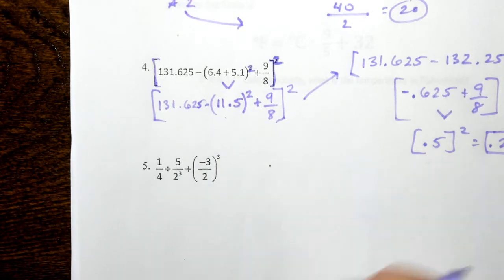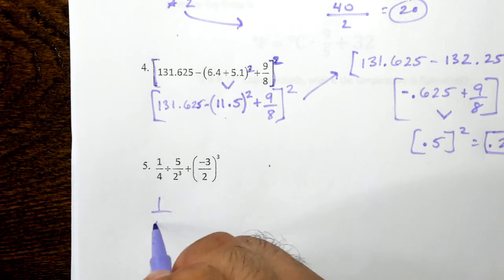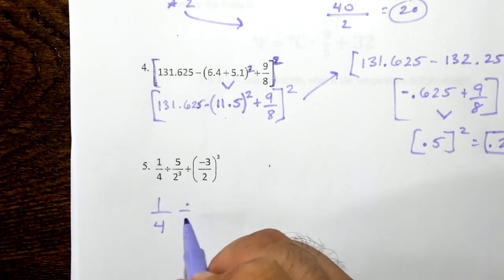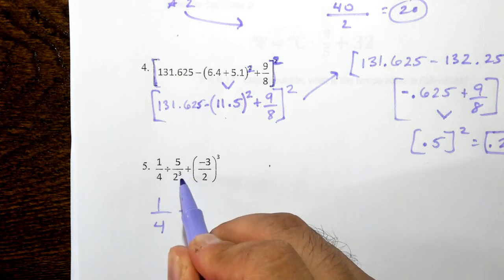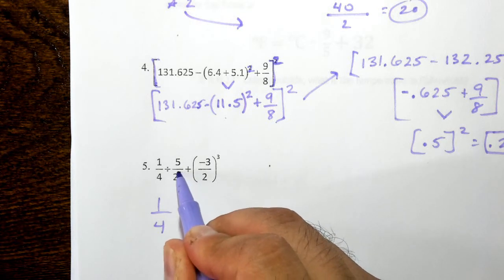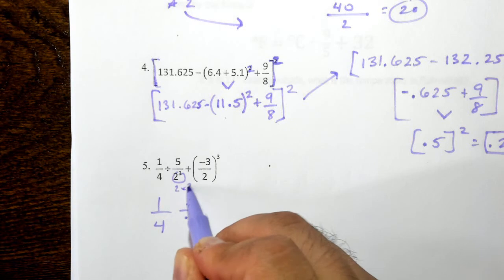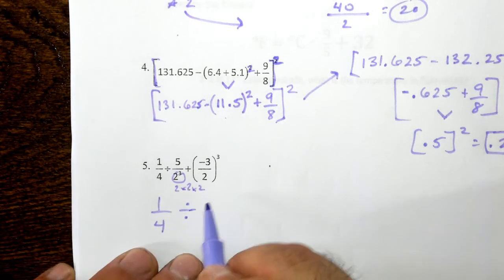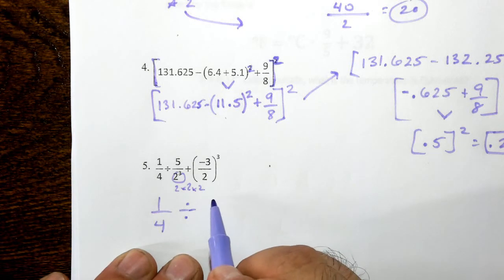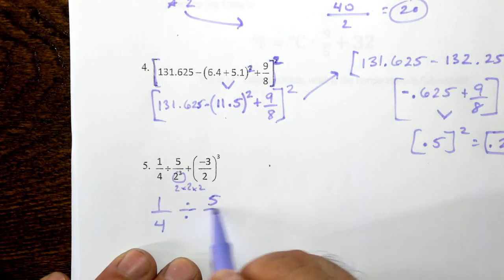We're going to evaluate this exponent. 1 over 4 is still going to be 1 over 4. 5 over 2 to the third. 2 to the third is 2 times 2 times 2, and that's 8. So really what this is, in disguise, so to speak, is 5 over 8.